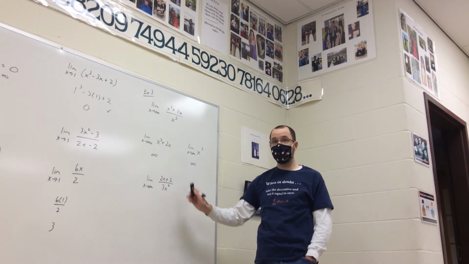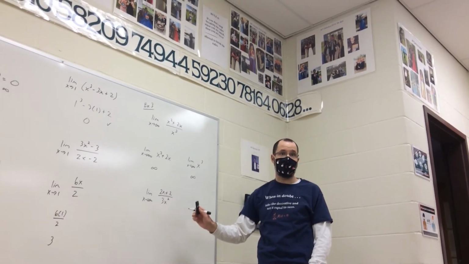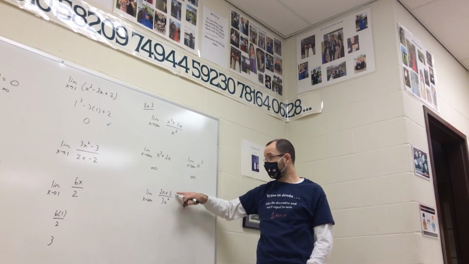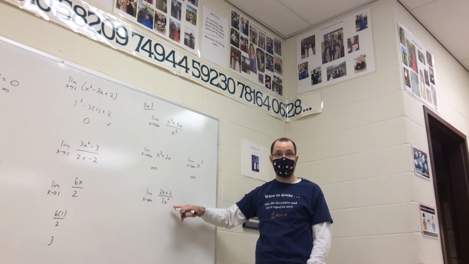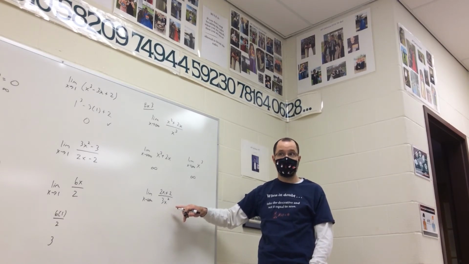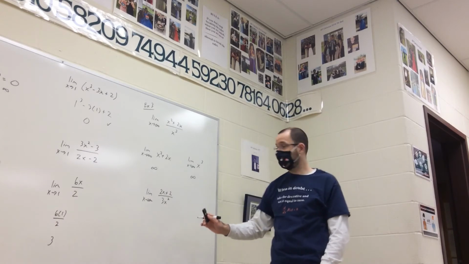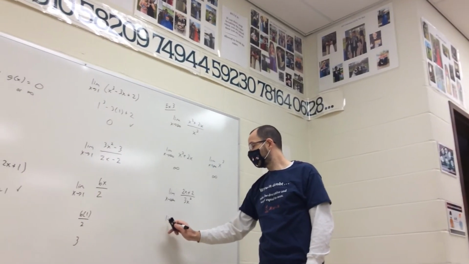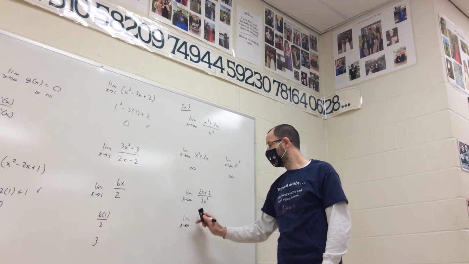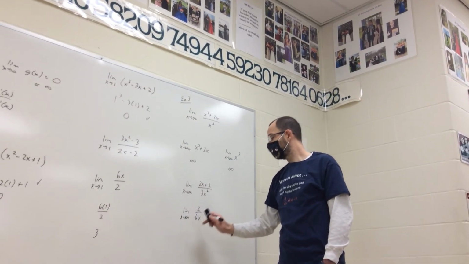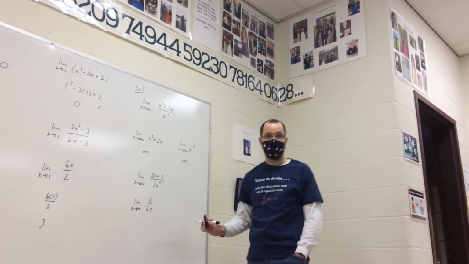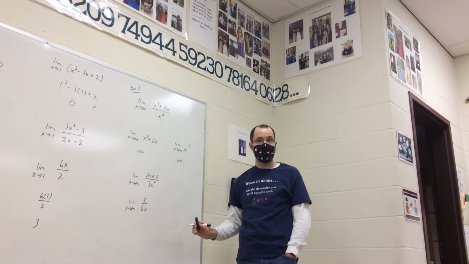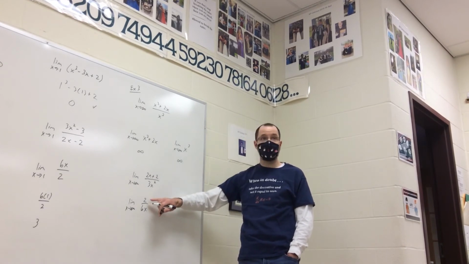But unfortunately, this limit is also not working out super good, because the limit of the top is infinity, and the limit of the bottom is infinity. So L'Hopital's rule applies again. And now the top is getting close to 2.